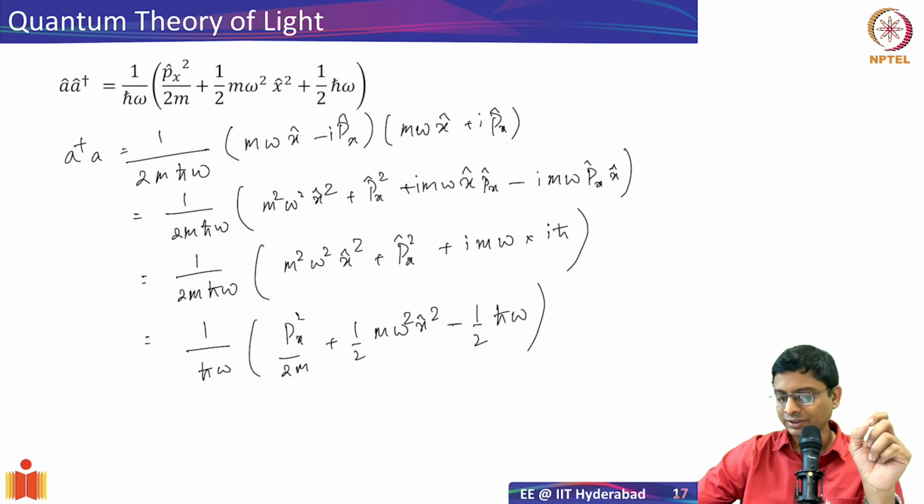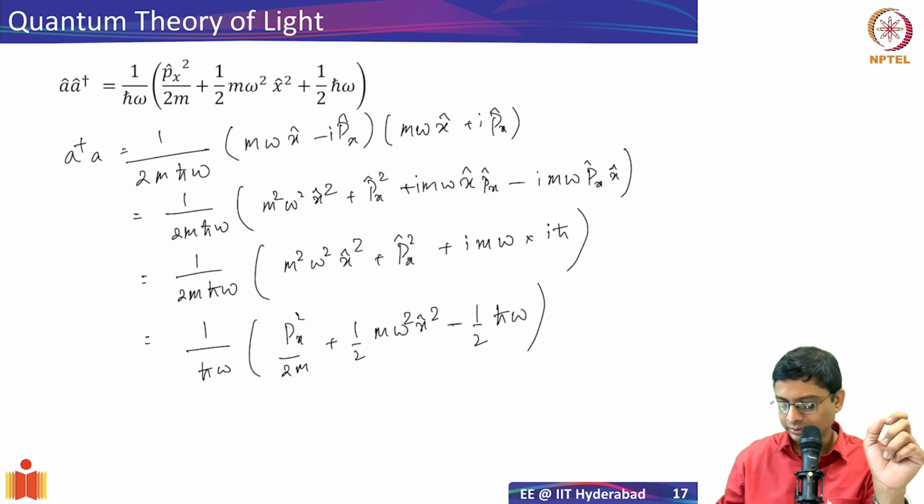Now the question will be, what is the commutator bracket of A and A dagger?